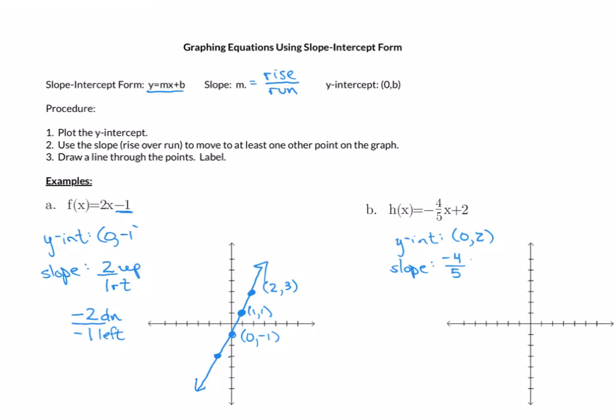Since this is a negative 4, this means I want to go down 4. Positive 5 tells me I want to go to the right 5. So if we go ahead and graph this, 0, 2 is 2 above the x-axis on the y-axis. And now if we go down 4, 2, 3, 4, and right 5, we should end up right about here.